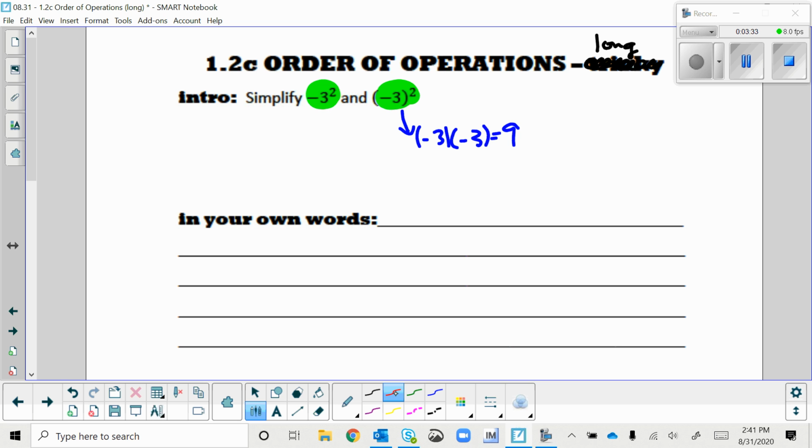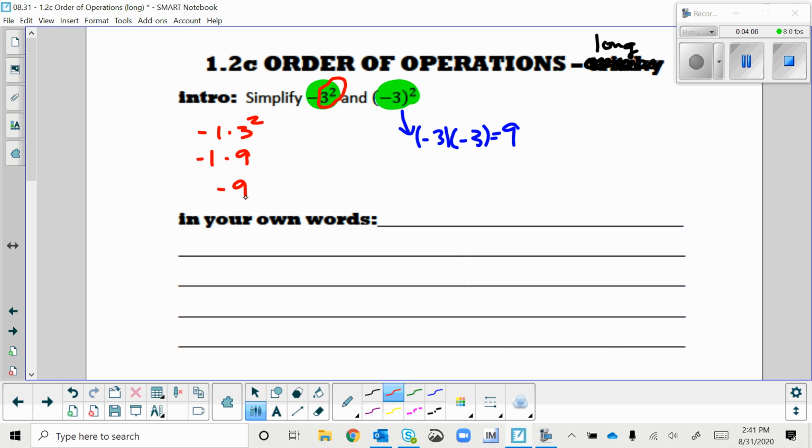The only thing getting squared is the 3 part. The negative is outside that. So it's almost like you have -1 times 3 squared. You would do the exponent first, which is 9, and then times the negative that's out front, which is -9. So notice those are different answers. Pause the video and I want you to explain this in your own words to yourself.